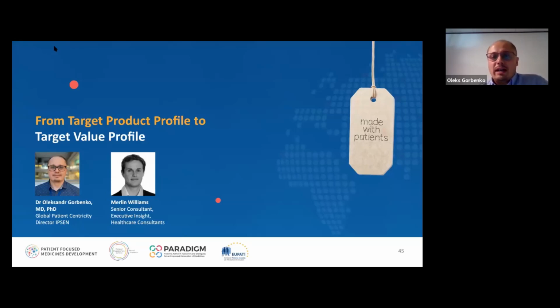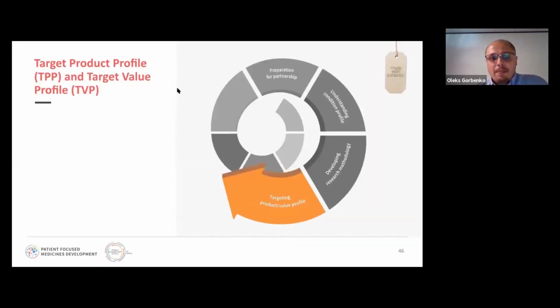As Chi just mentioned, the target product profile is an outcome of all our efforts here. And I really like one question recently asked by a colleague: how to translate patient advice and patient insights to research language. And actually the answer is, the target product profile is a translation of unmet needs.